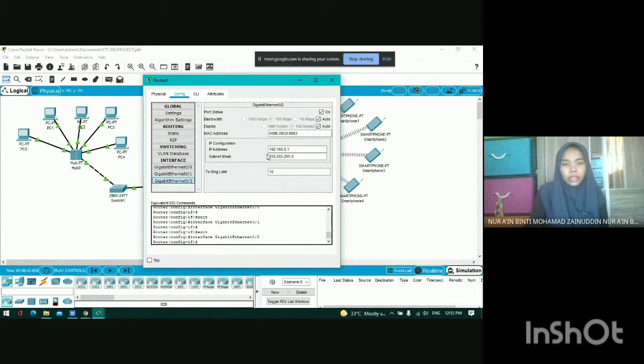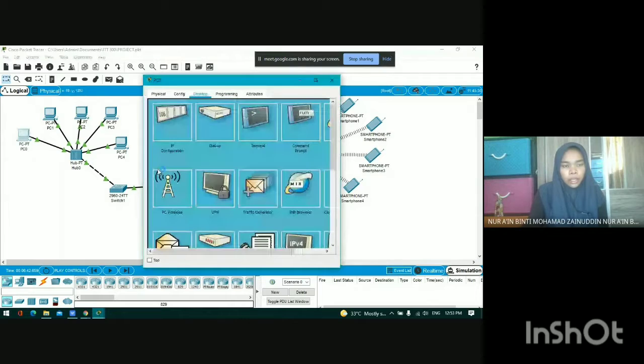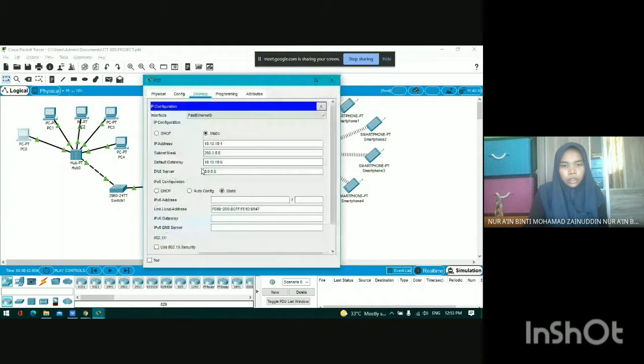IP address is 192.168.2.1. IP address for the PC 10.10.10.1 and default gateway from the router 10.10.10.6. The other PC, we change the last digit for IP address.